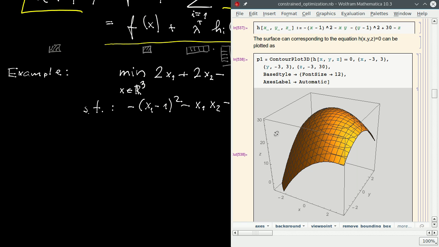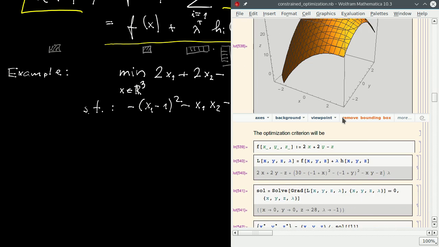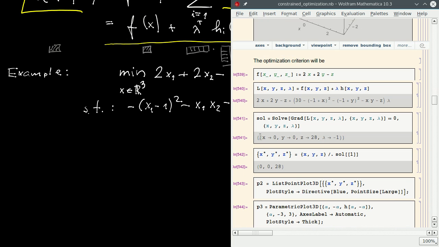Now, how do we translate the geometrical interpretation of the necessary conditions in this setting? If you form the Lagrangian, find its gradient and set it equal to 0, you will learn that the critical point is, have a look at how Mathematica does it for me, at 0, 0, 28 and minus 1.